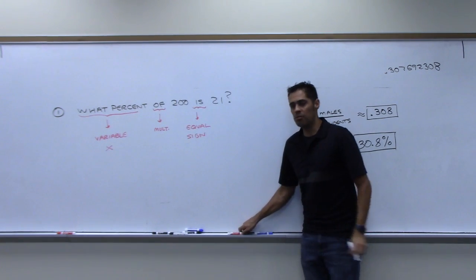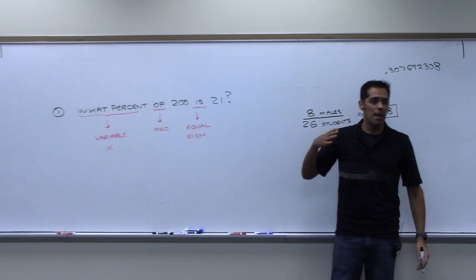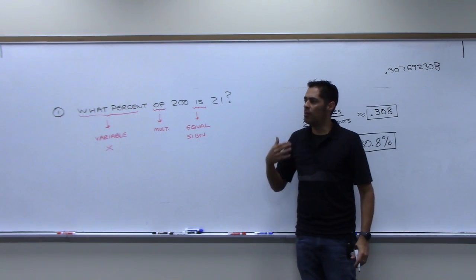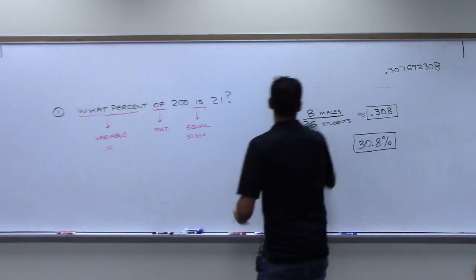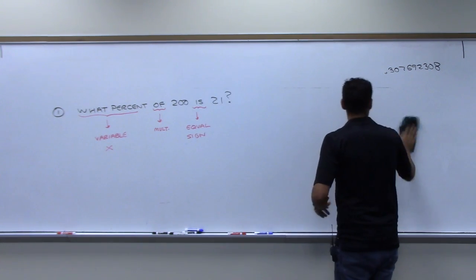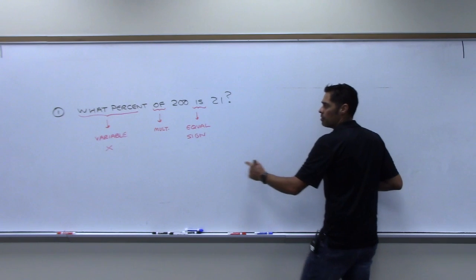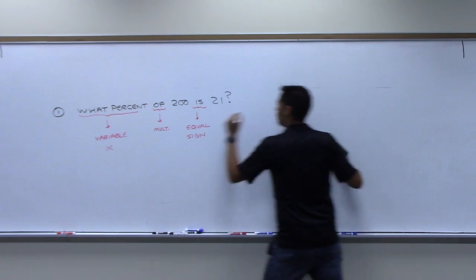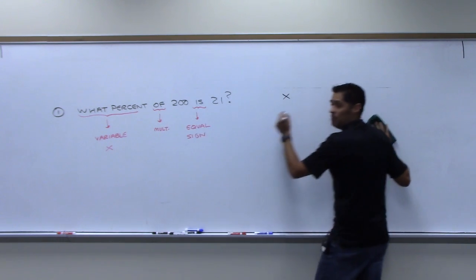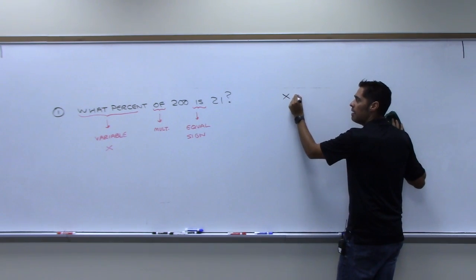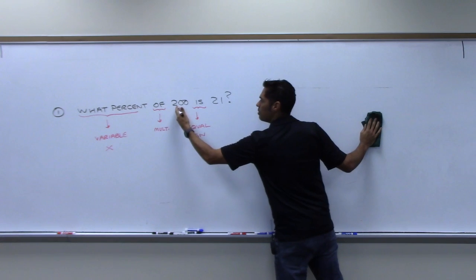And so what we're going to do is we're going to take a word problem and we are going to convert it into an equation. So if I just rewrite this word problem using everything I had in red, I would write down what first? What percent? x. Next thing I should write down, multiply times, right? Times. Next thing was 200.